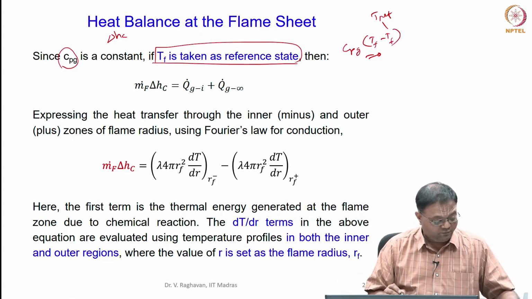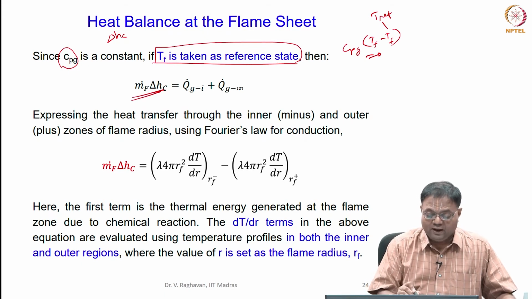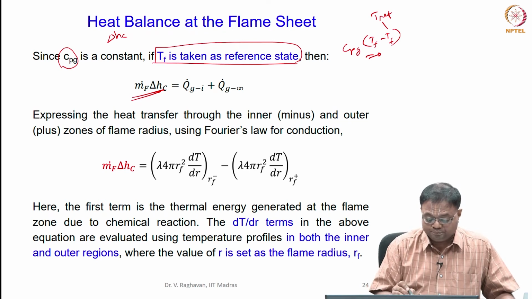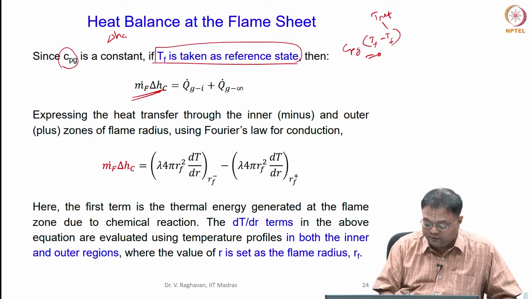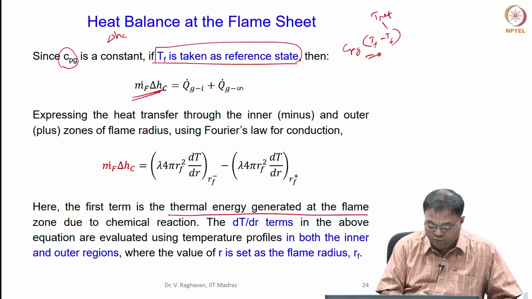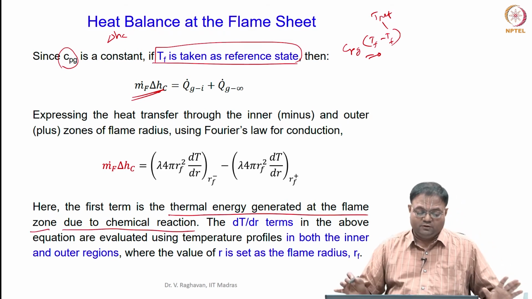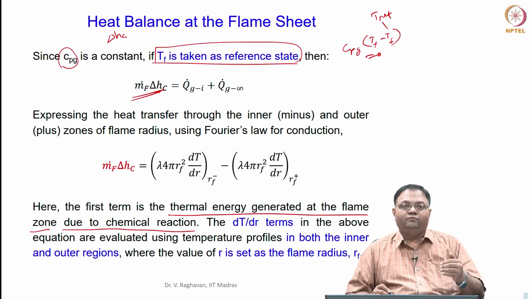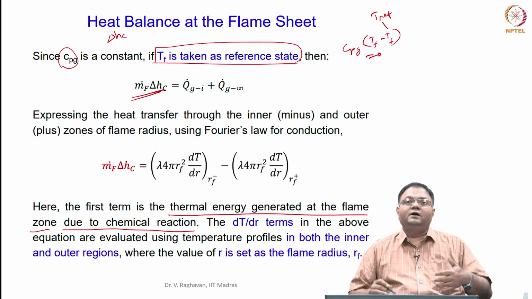Now what happens in this case, I can write the left hand side as m dot into delta Hc, that is, m dot into delta Hc is nothing but the thermal energy generated at the flame zone due to the chemical reaction. The mass of the fuel which is coming out from the liquid surface is fully burnt.